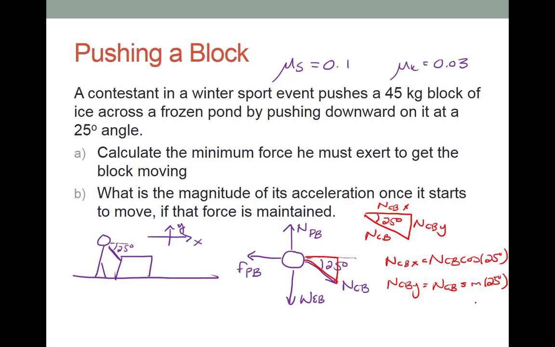Again, this block isn't going to accelerate vertically. There's no acceleration that's going to happen in the y direction. So for both parts of the problem, the net force in the y direction will equal 0 newtons. I have three forces that act vertically.